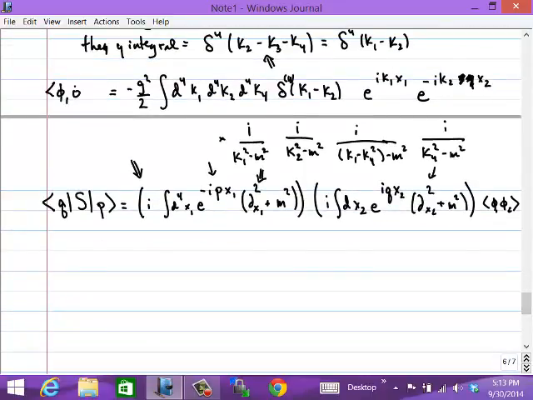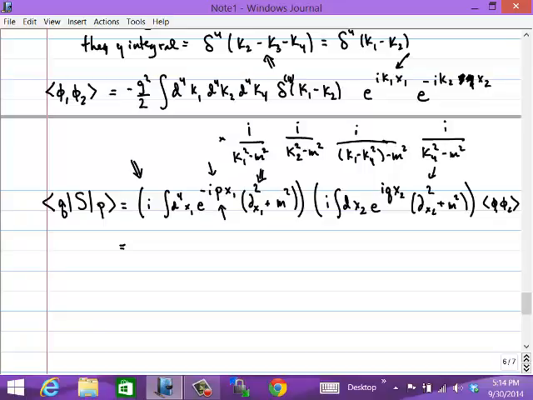Okay, and then doing the x1 integral, let me write this out a little bit more explicitly. So we have an e to the minus i p x1 here, and an e to the i k1 x1 up there, which will give you a delta function that sets k1 equal to p.